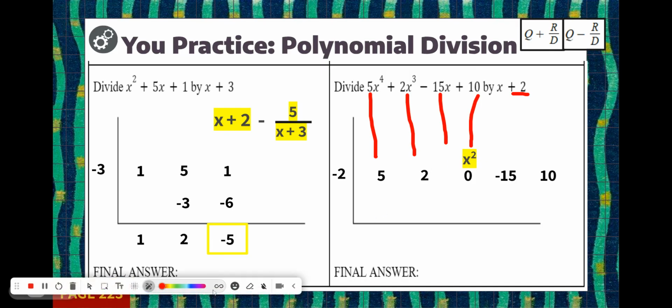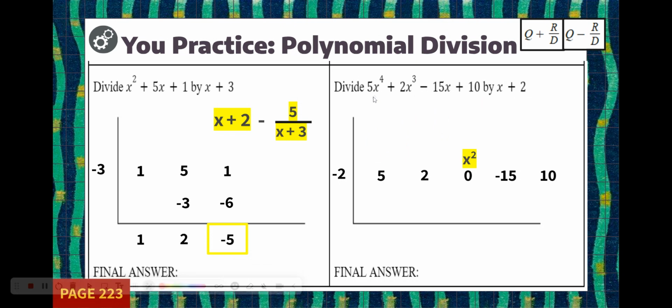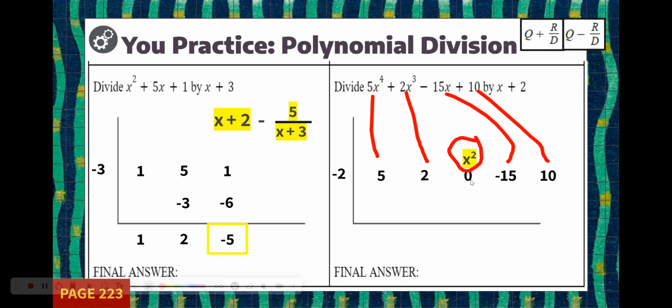The x squared is absent, so we replace it by 0. Alright, let me just clarify that. You might be confused. Hold on. Again, 5, 2, negative 15, and 10.